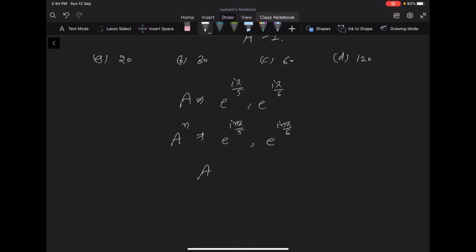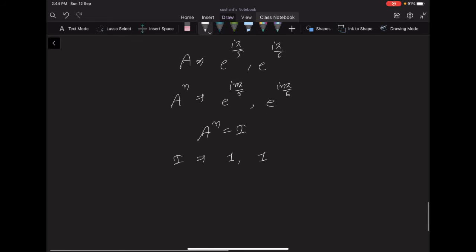But A to the power n is the identity matrix, and for a 2 cross 2 identity matrix both eigenvalues are 1. Then exponential i n pi over 5 equals 1 and exponential i n pi over 6 is also equal to 1 to satisfy this equation.